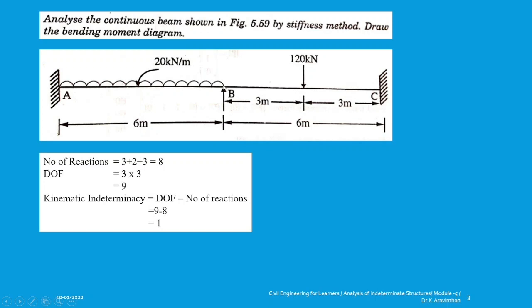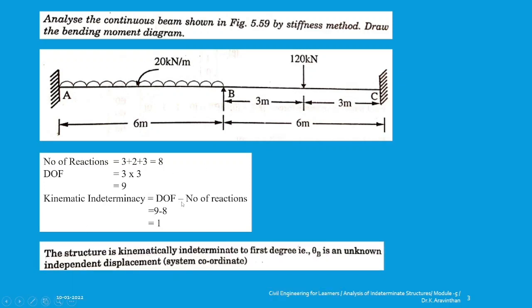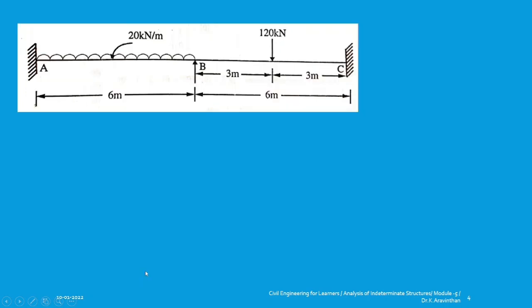But at the joint B, there is possibility of the bending of the element, and rotation is possible, that is slope is possible. So this is why the kinematic indeterminacy is 1 and it is located at the joint B. Okay. Go to the next step. The structure is kinematically indeterminate to first degree and it is known as independent displacement. Okay.